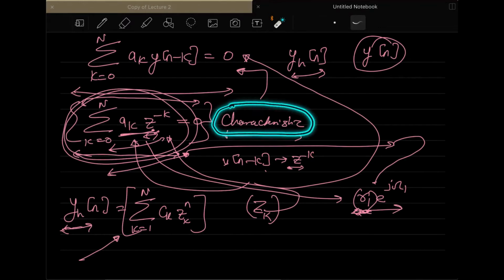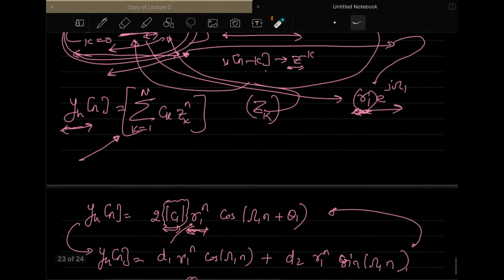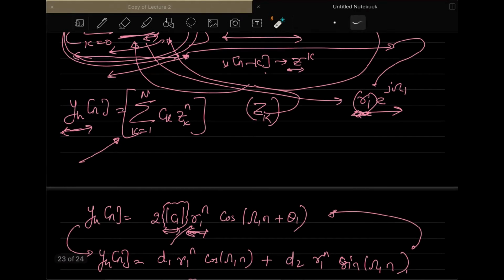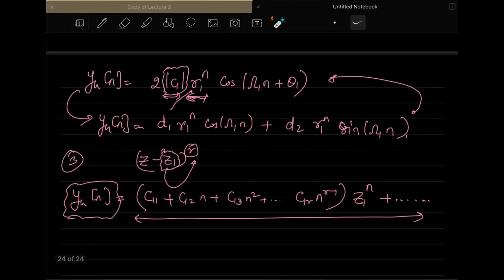Solving it gives roots, and depending upon whether they are real and distinct, complex, or repeated roots, we have different solutions, which are like this one. For the complex roots we have this one, and for the repeated roots we have this one.